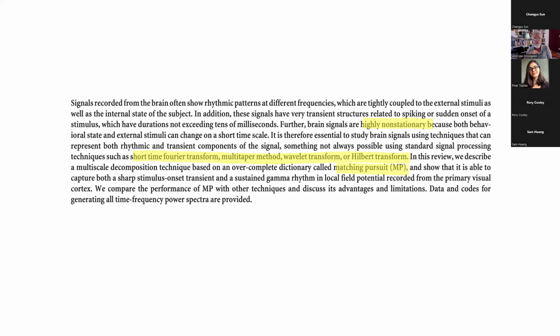To deal with it, you can use a short-time analysis: the short-time Fourier transform, or a taper method that in itself is not short-term but a short-term version thereof. The wavelet transform is by definition adaptive in that sense. The Hilbert transform is a little bit of an outlier, but can give you an idea of instantaneous amplitude and phase, albeit only from a narrowband signal. So in that sense, it also has its limitations.